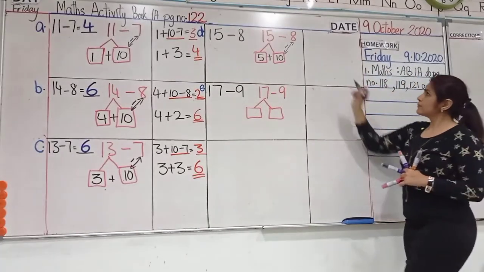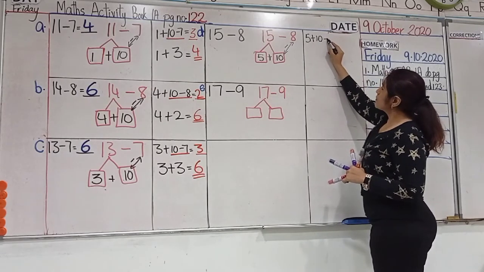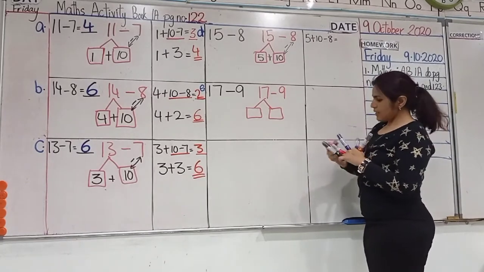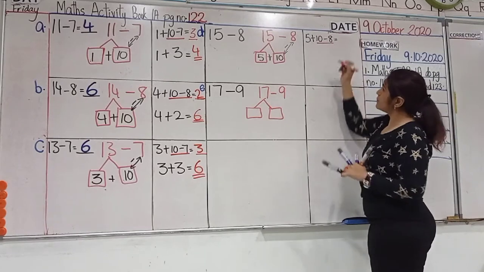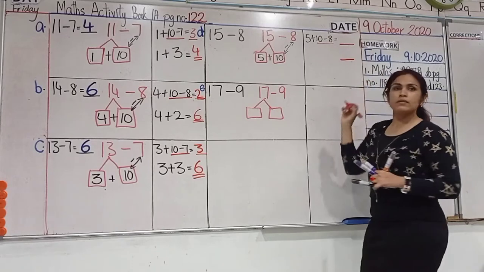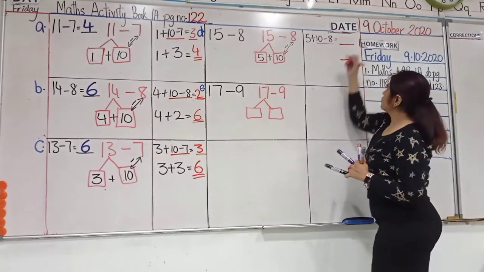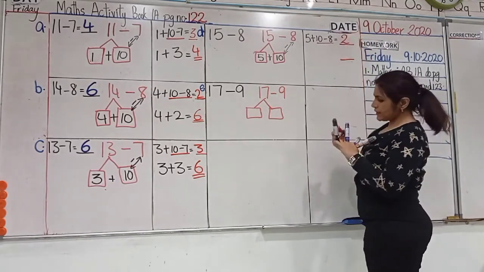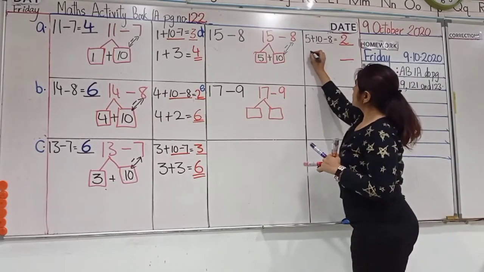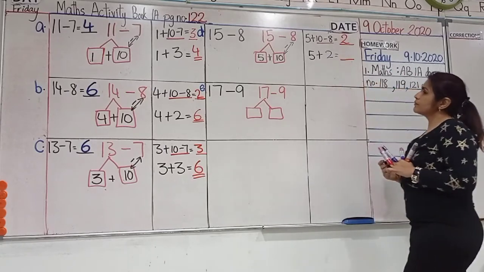Write 5 plus 10 minus 8. Okay, next step. Underline 10 and 8. 10 minus 8. Next step. Put 2. 10 minus 8 is 2. Okay. Next step. 5 plus 2 equals 7.